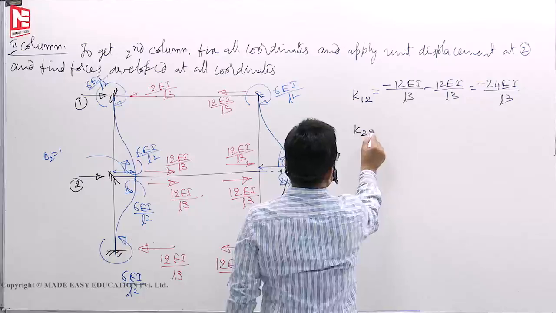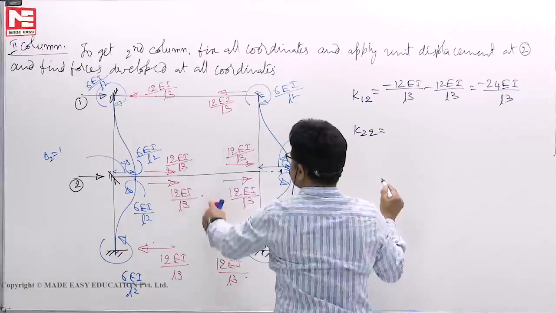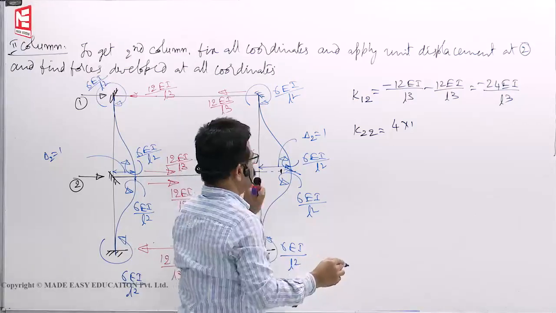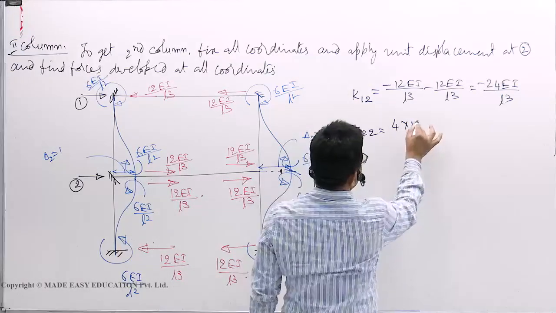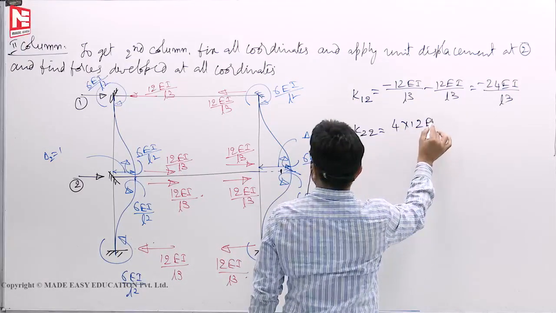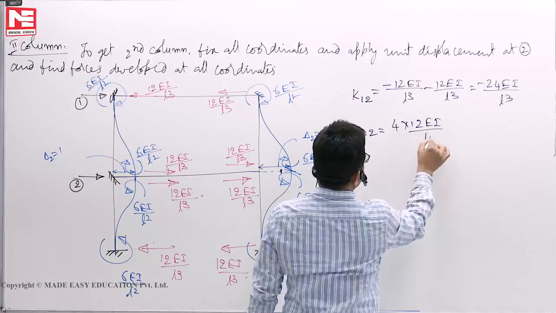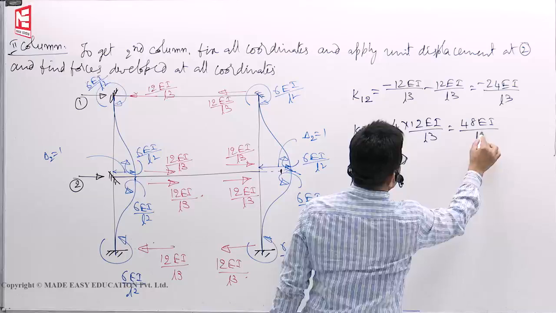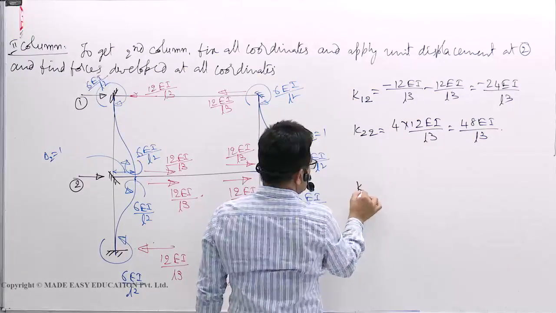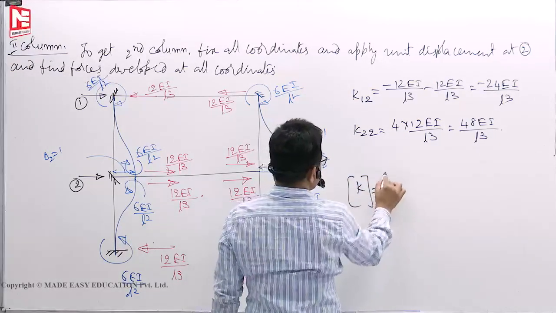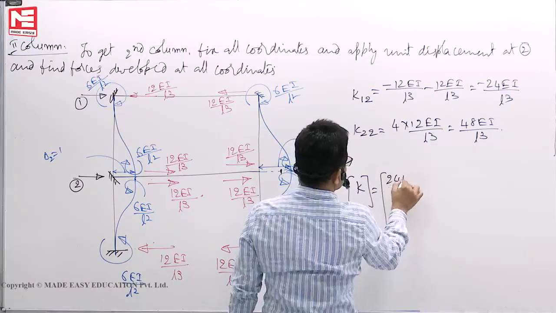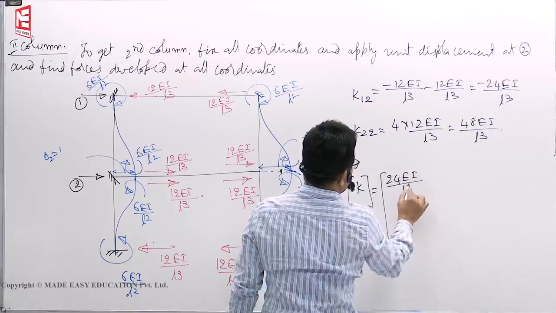K22, force at 2 because of the displacement at 2. This is 4 are there. So 12, 12, 12, 12. 4 12s are there. So 4 I am writing directly. 4 into 12 EI by L cube, so 48 EI by L cube. So your stiffness matrix becomes K11, 24 EI by L cube.